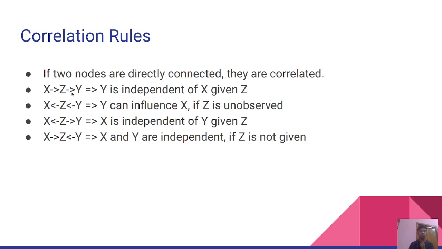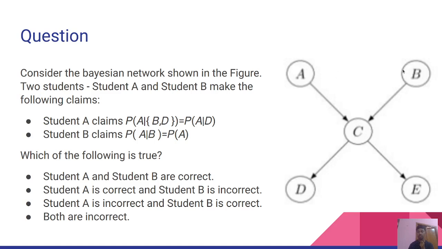Then x to z to y: suppose there are 3 nodes, with a direction here and another direction here. The first one is x, the second one is z, and the third one is y. If this scenario comes, then we can say y is independent of x given z.